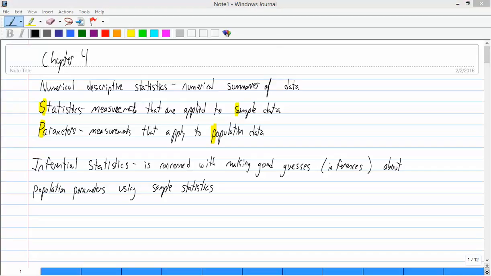We're first going to go over, in our statistical journey of actually calculating a lot of stuff, the arithmetic mean. Most of you have seen this before.